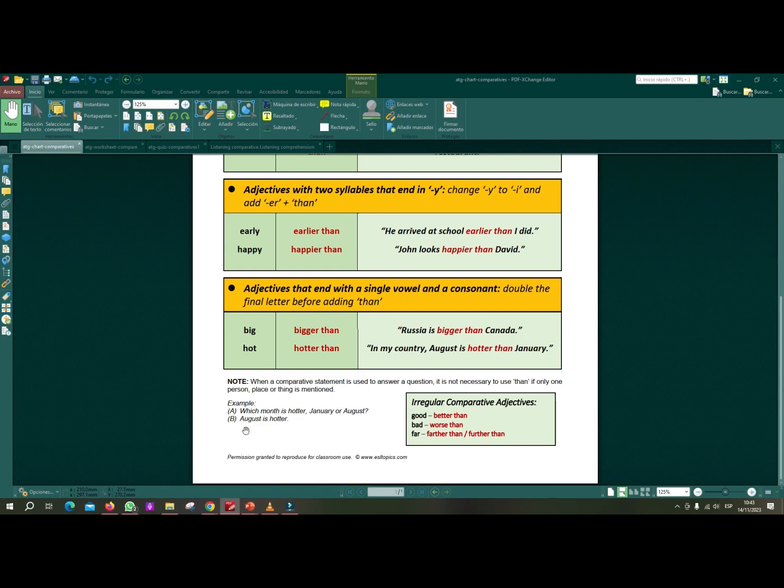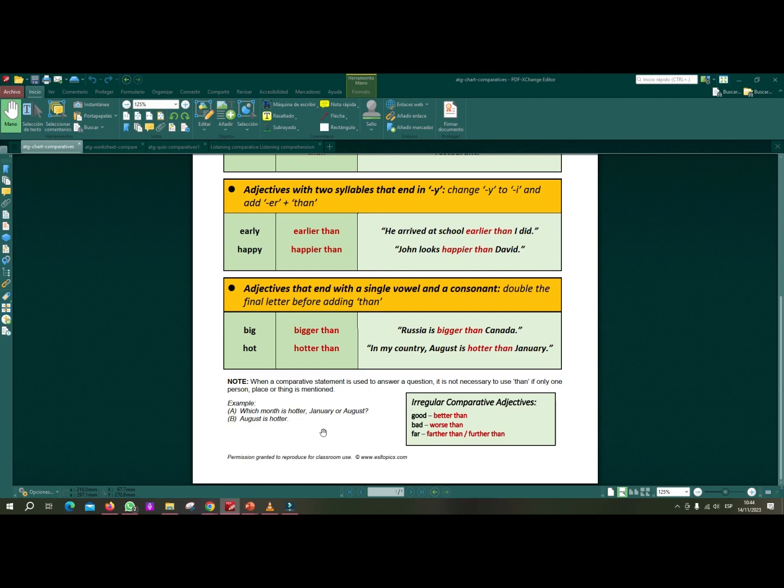In this case, August is hotter. En el caso que ustedes estén respondiendo una pregunta utilizando la forma comparativa, en este caso ya en la respuesta no es necesario que ustedes utilicen la palabra than, ¿verdad? Entonces, ¿cuál mes es más caliente? ¿Enero o agosto? Agosto es más caliente. So you don't need than there, right?